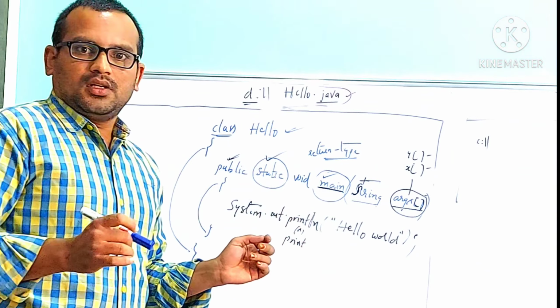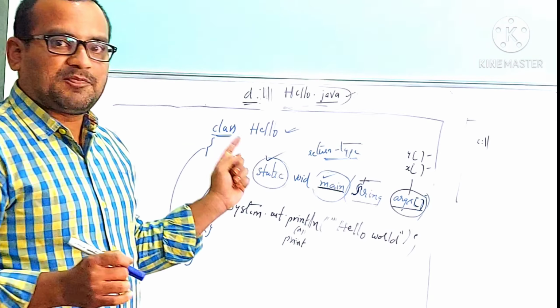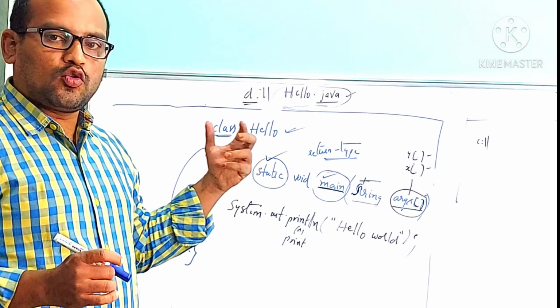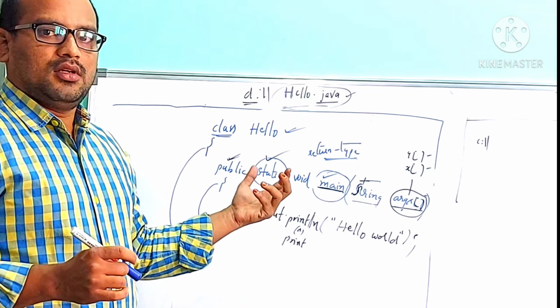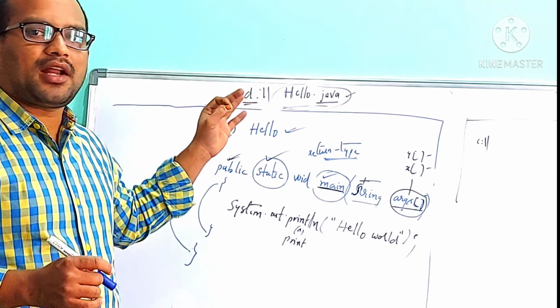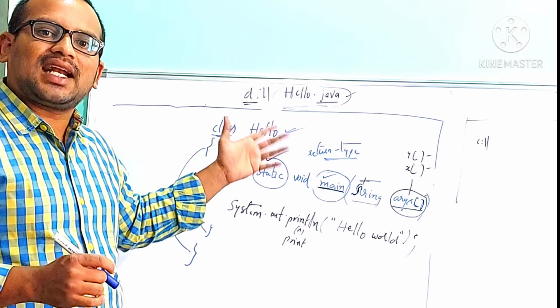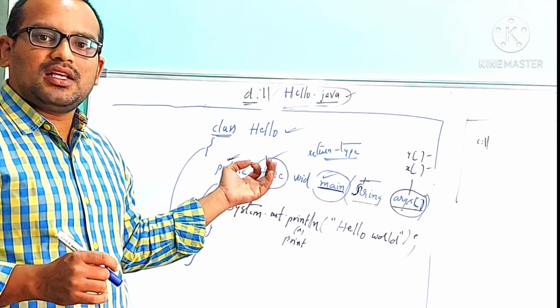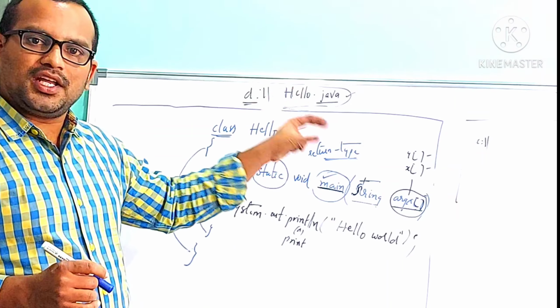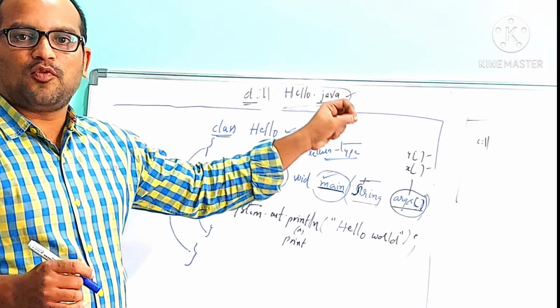I told you already that you set the class path in class 1, the Java first class. I told you how to set the class path. If you already set the class path, you can save the program in any drive. If you don't set the class path, Java is installed in C Program Files, Java, JDK version, in the bin folder.